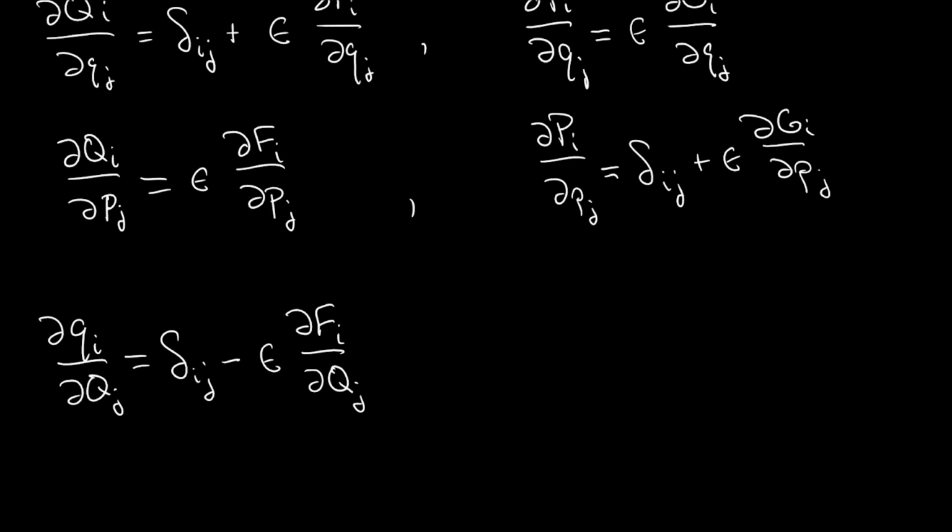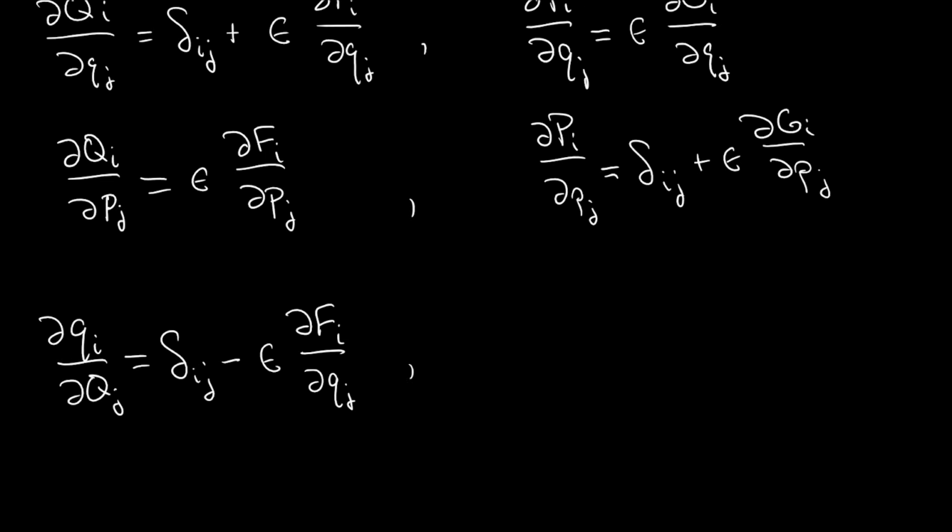Like I said, this is already order epsilon, and any difference between the derivative with respect to big Q and the derivative with respect to little q is going to be order epsilon. So since this is already multiplied by an epsilon, those differences are going to be higher order. So I don't actually care about them, and I can just replace this big Q with little q. Okay.